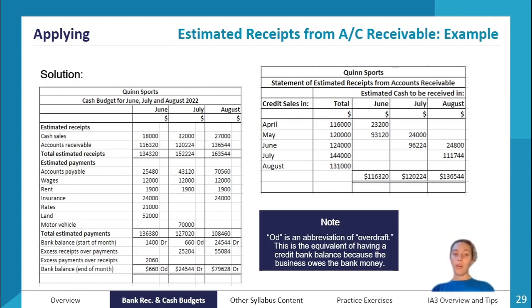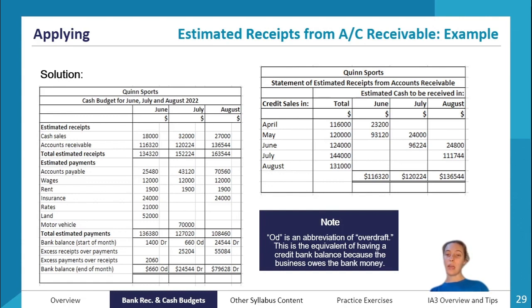So here we have got our full solution now. We've done all of that working and we've now been able to generate our statement of estimated receipts from accounts receivable and our cash budget. So on the left there, that statement of accounts receivable comes first.